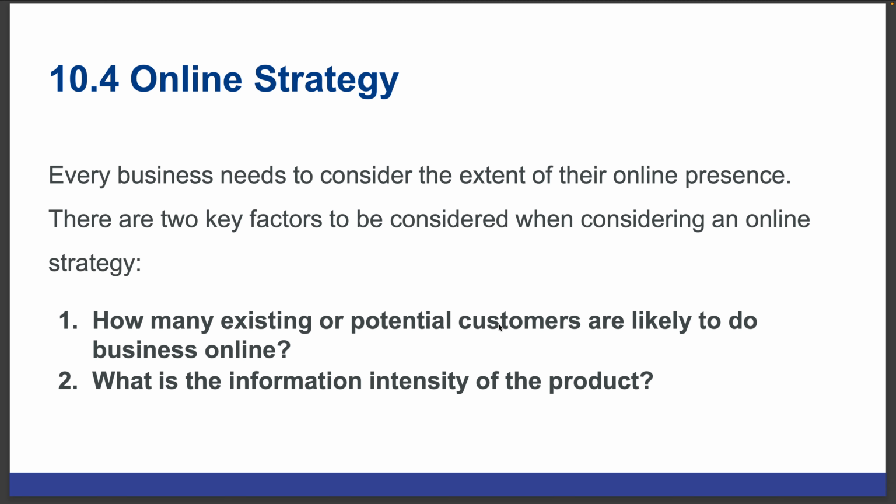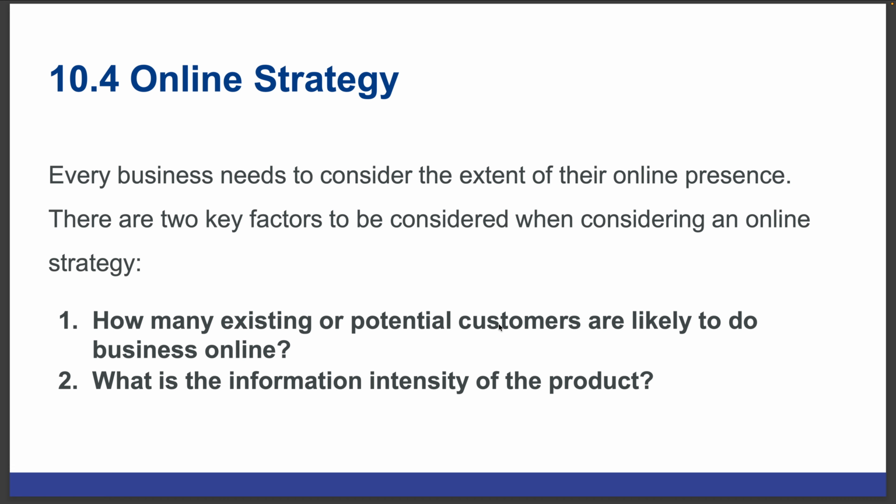One, how many existing or potential customers are likely to do business online, and two, what is the information intensity of the product. So we can have a simple 2x2 grid here, where we look at on one dimension the access to the potential customers online between low and high, and the information intensity between low and high.